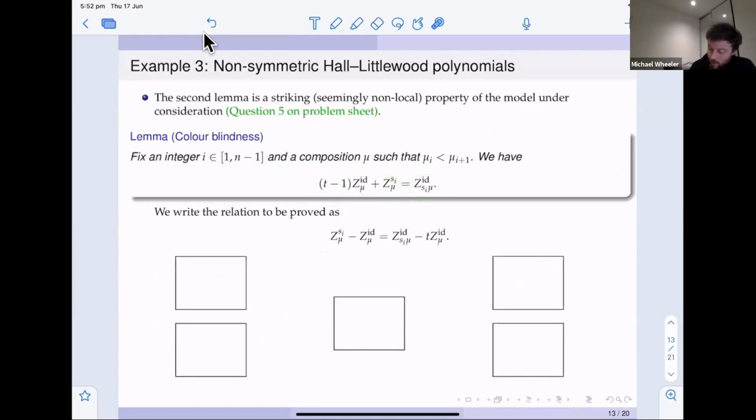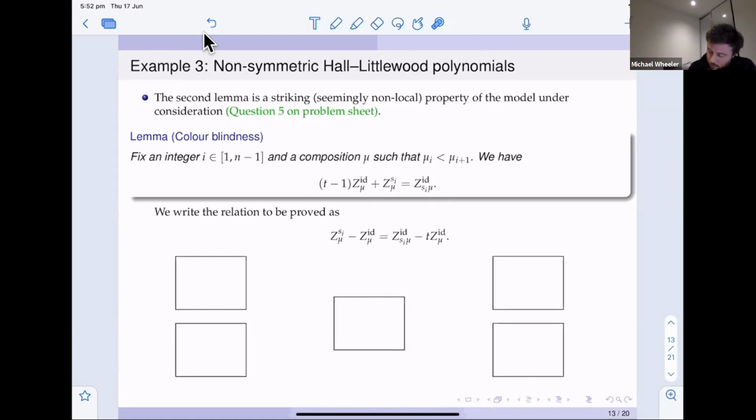Okay, and this lemma follows from something called color blindness. I will sketch the proof of how this lemma works, and it has a very simple geometric encoding, so you can understand graphically what this thing is actually saying. The proof itself, you have to be a little more explicit, but graphically it's easy to understand this statement.